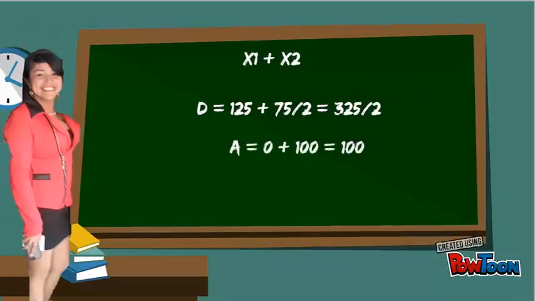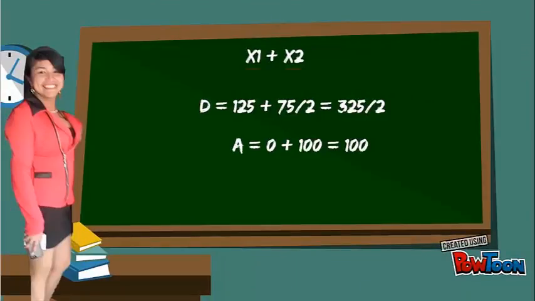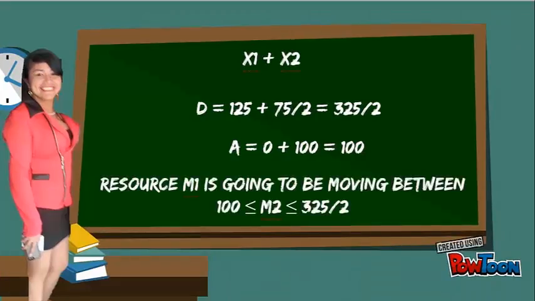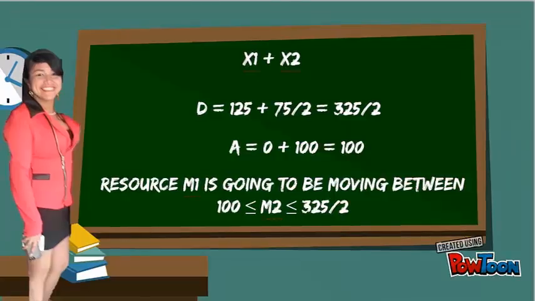A equals 0 plus 100, which equals 100. Resource M2 is going to be moving between 100 less or equal M2 less or equal 325 million.